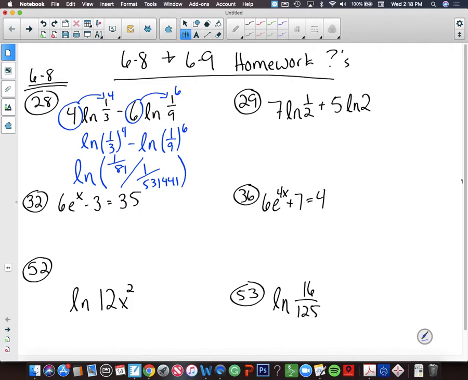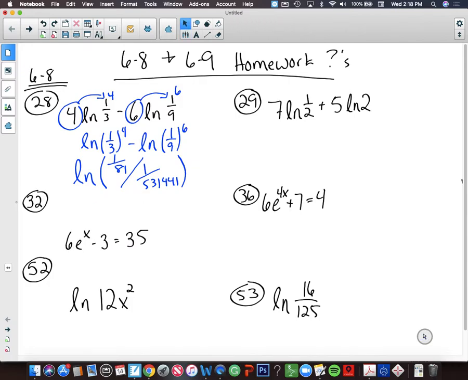And then you can just use your calculator to simplify those two. So you could do 1/81 divided by 1/531,441. And that gives you 6,561. So we have the natural log, rewrite this down here.